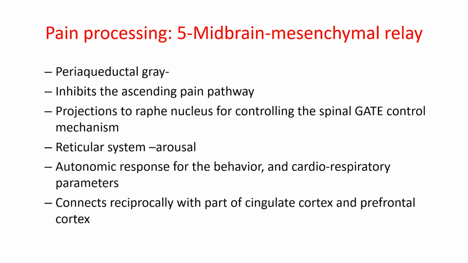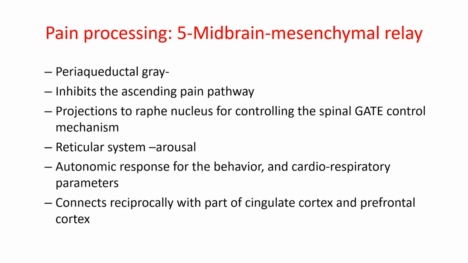Interesting part about the periaqueductal gray is that it receives reciprocal inputs from the cingulate cortex and the prefrontal cortex. And this periaqueductal gray matter has the nociceptive on and the nociceptive off switches, which are controlled by the cingulate cortex and the prefrontal cortex.